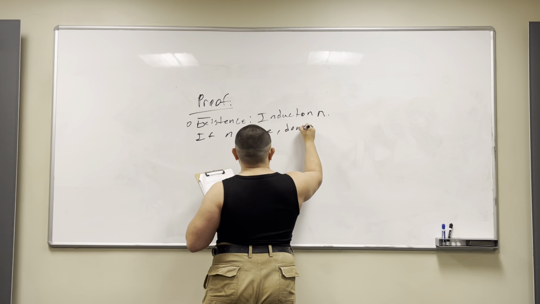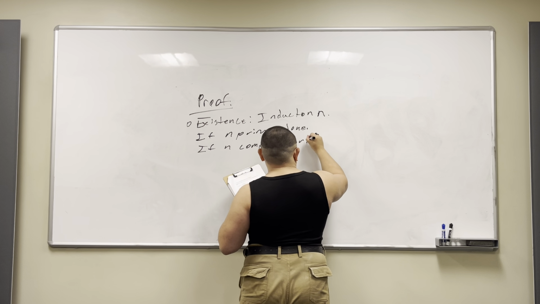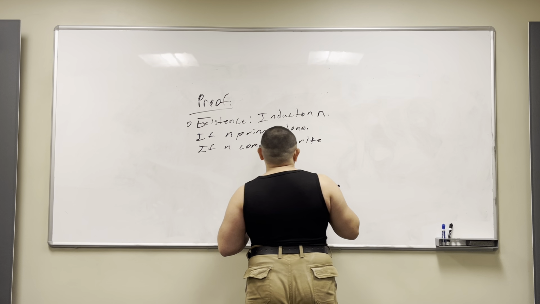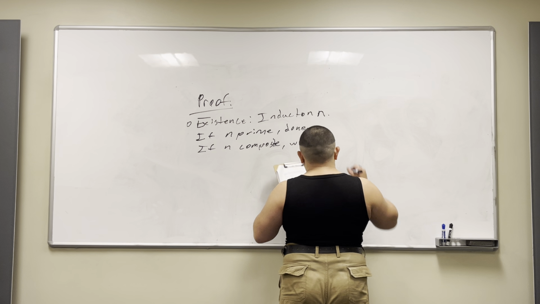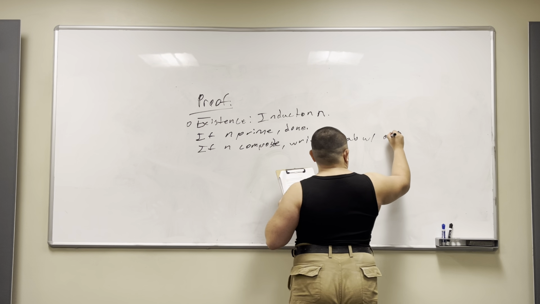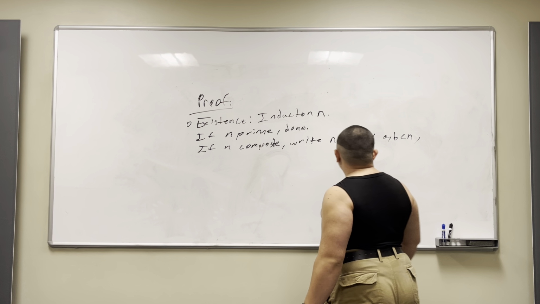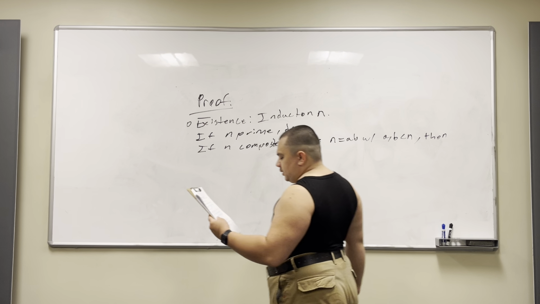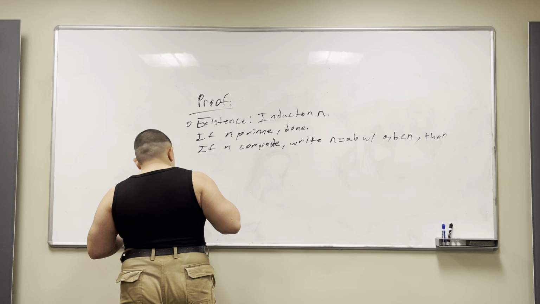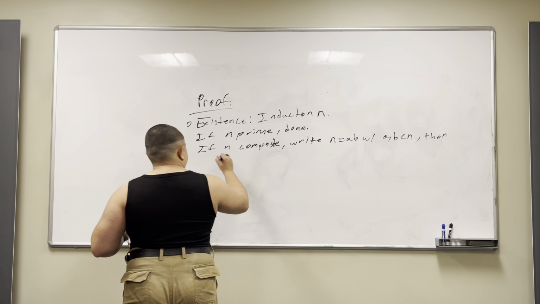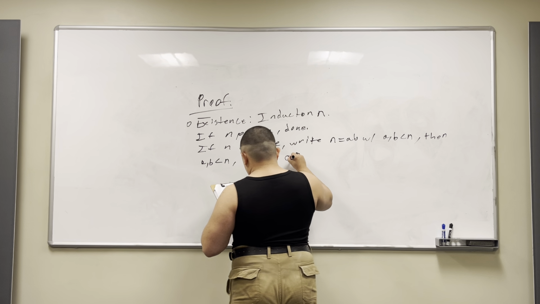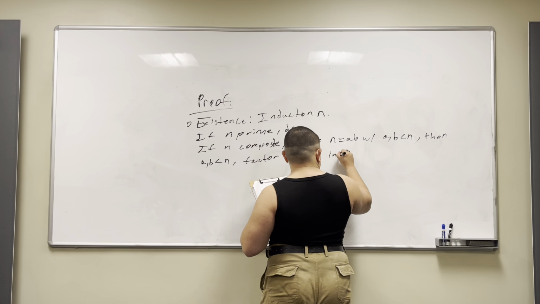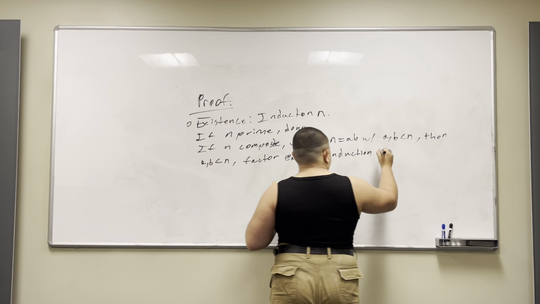If it's prime, it's prime. But if n is composite, then n is equal to ab, with a and b less than n. Factor each by induction, and combine.